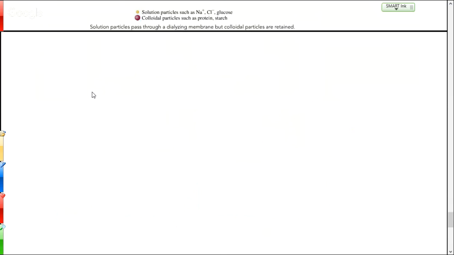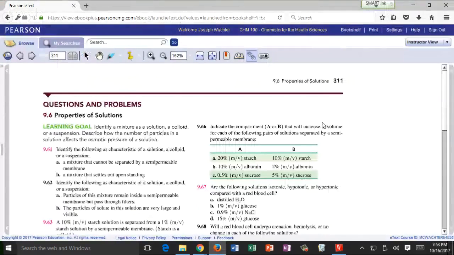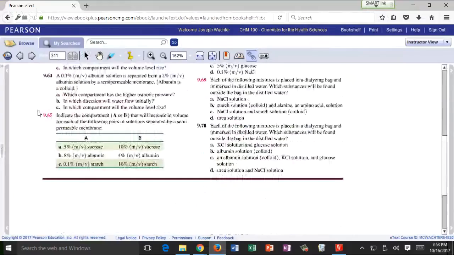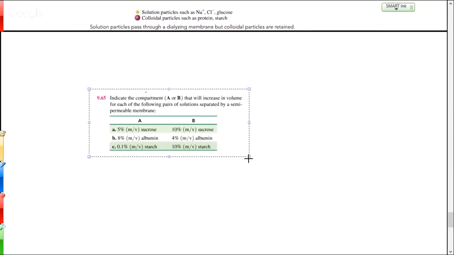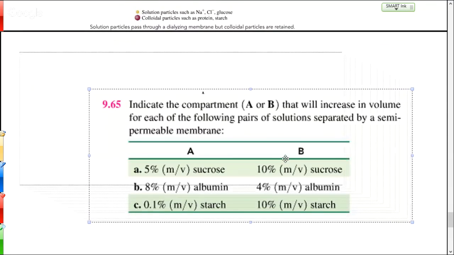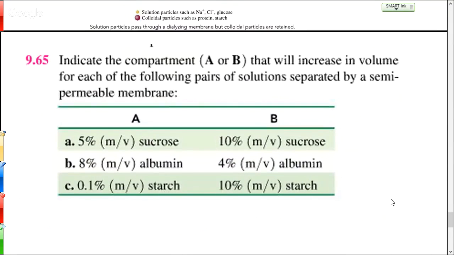So for instance, we've got two compartments separated by a semi-permeable membrane, A and B. We want to know, for each of the following, which side is going to increase in volume?